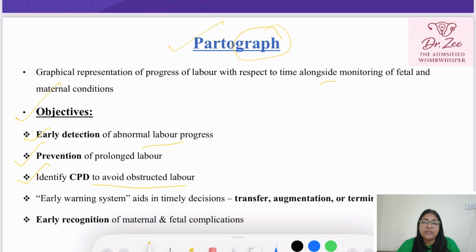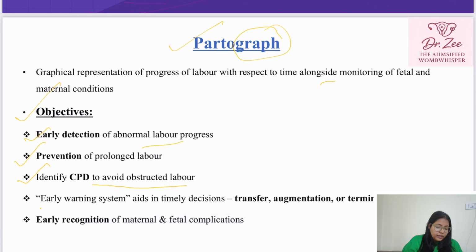If there is CPD, abnormal progress of labor or any signs of obstructed labor, that can be identified from partograph, and we can intervene within time, save mother and baby, and give a healthy baby to a healthy mother. This is very important.